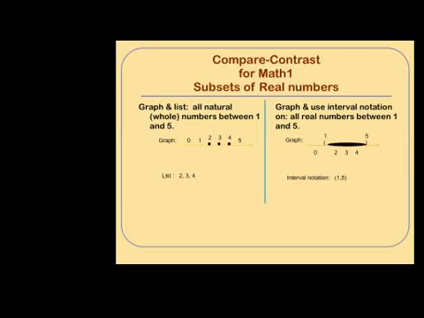And then I go to the difference that one of them is the set of natural numbers and the other one is the set of all real numbers. And we can compare and contrast the solutions, and when you put them side by side, the differences are striking: when you list it, the numbers 1 and 5 do not appear, and when you use interval notation, the numbers 2, 3, and 4 do not appear.